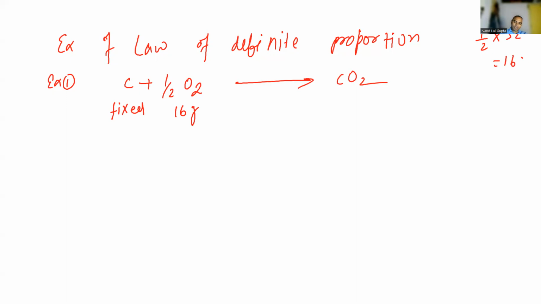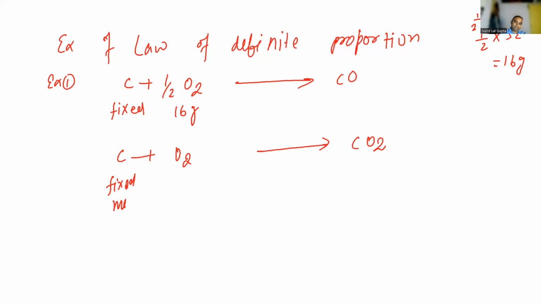Half O2 means 16 gram. Another, C plus O2, it is forming CO2. Actually this one will be CO, not CO2. Now see, this is the fixed mass.